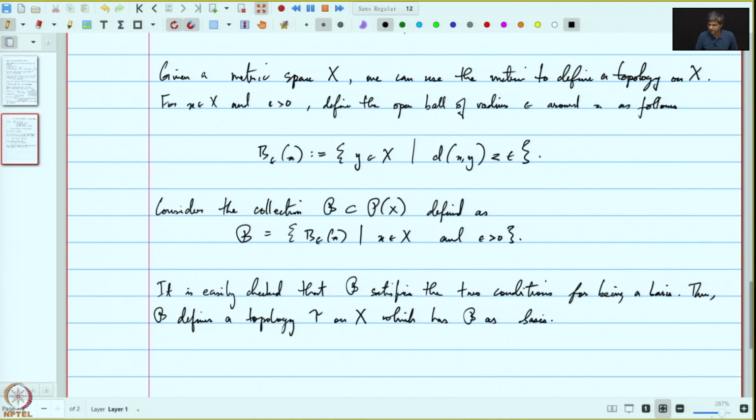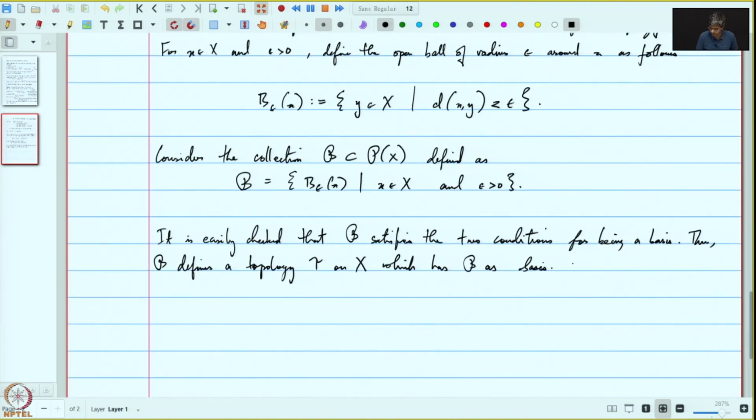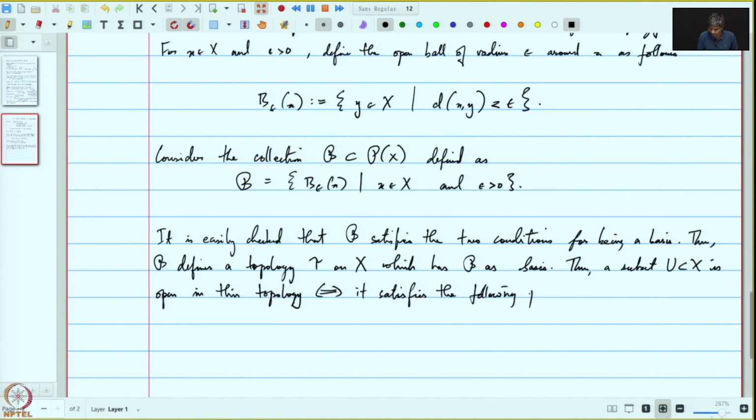And so therefore, in other words, a subset U contained in X is open in this topology if and only if it satisfies the following property: for every x in U, there exists an epsilon positive such that this open ball of radius epsilon around x is completely contained inside U.